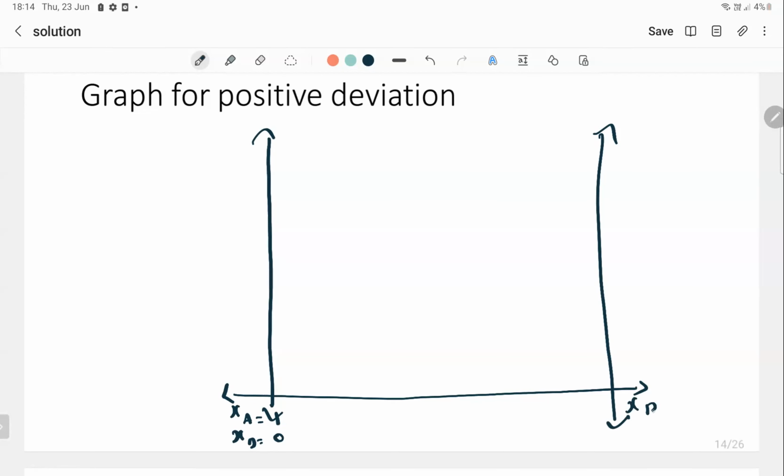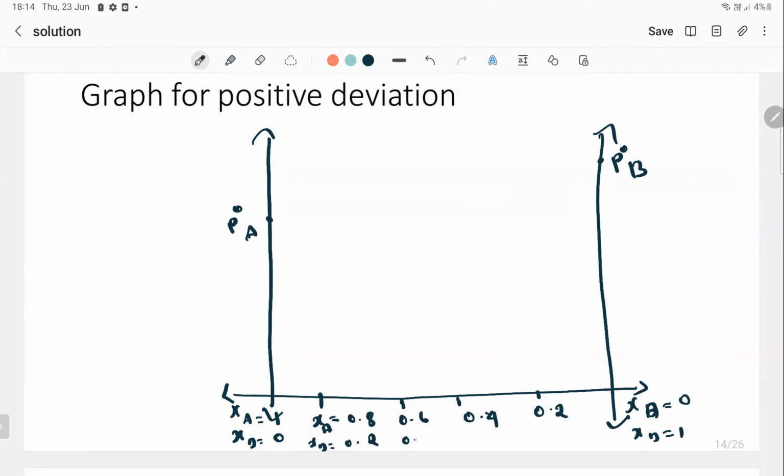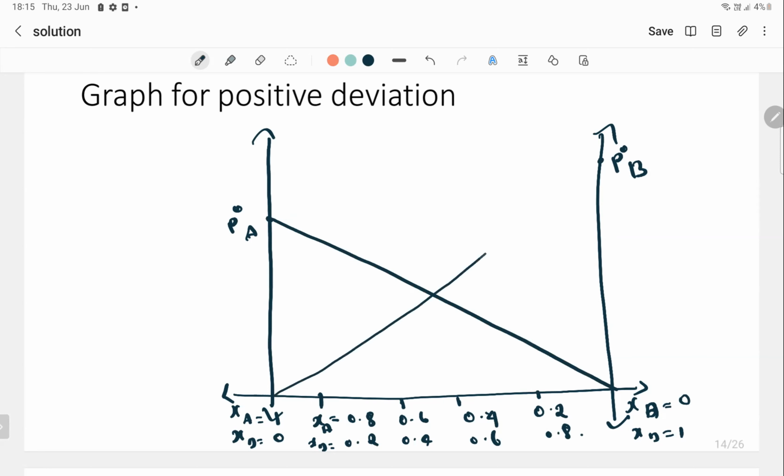Here XA is equal to 0, XB is equal to 1, so here it's pure solute P naught A, pure solvent P naught B. Values are 0.8, 0.6, 0.4, 0.2, and P is 0.2, 0.4, 0.6, 0.8. Here PA is getting decreased.